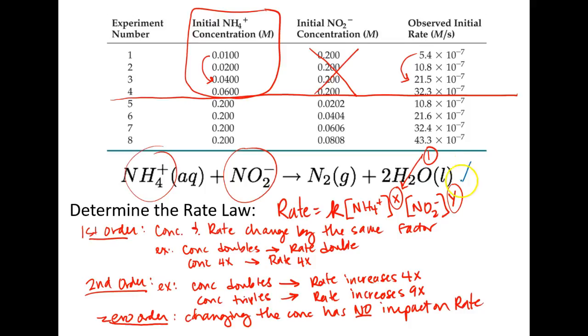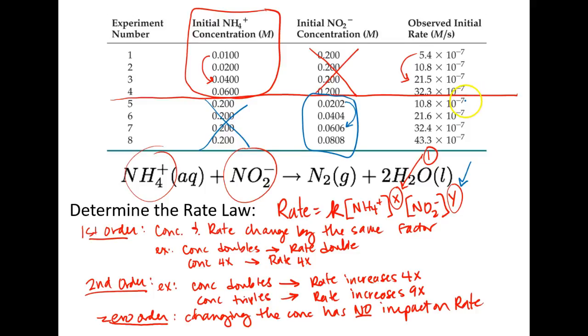So to determine the order for y, which is the order for NO2-, I want to consider experiments where NO2- is changing, but the other one is not, so that it doesn't have any impact on my rate. Now if I compared, let's say, trial 5 and 7, from going from 0.0202 molar to 0.0606 molar, that's increasing by a factor of 3.